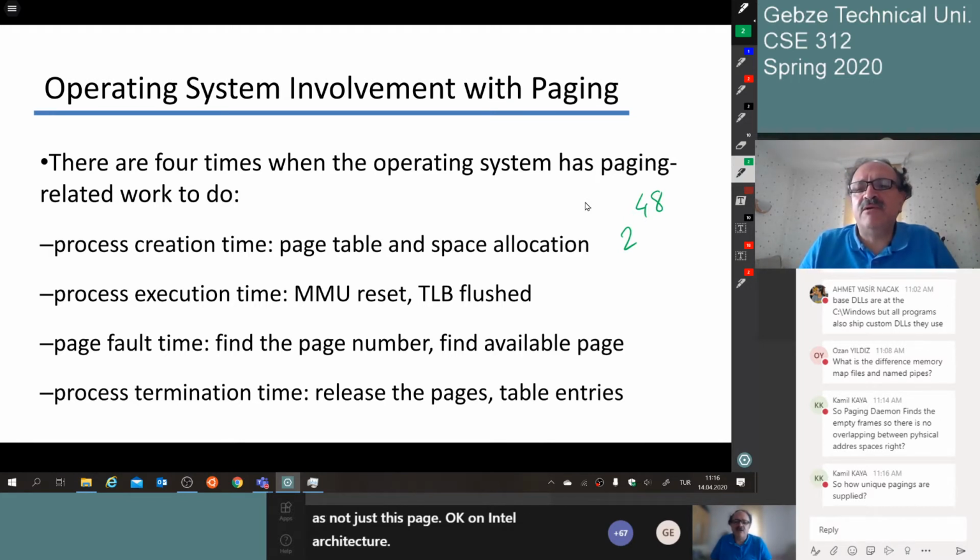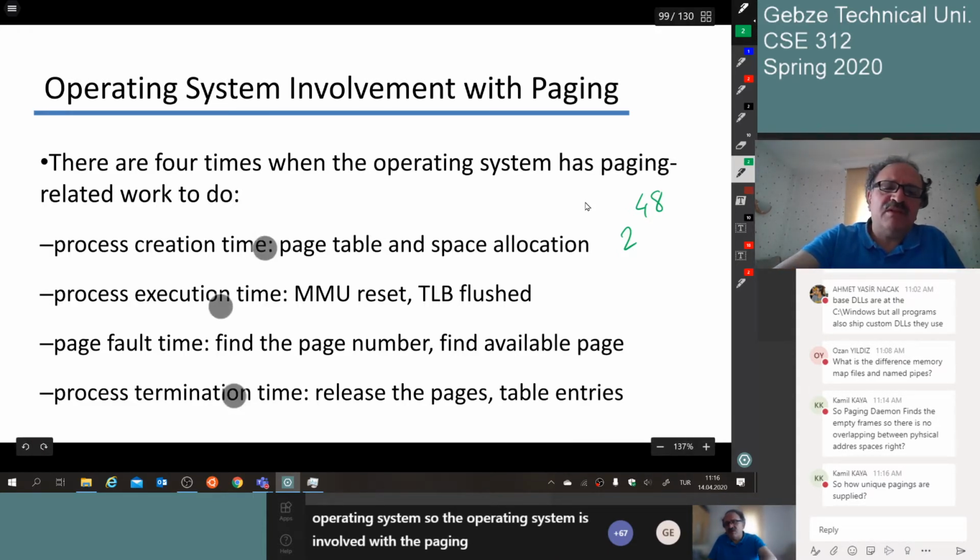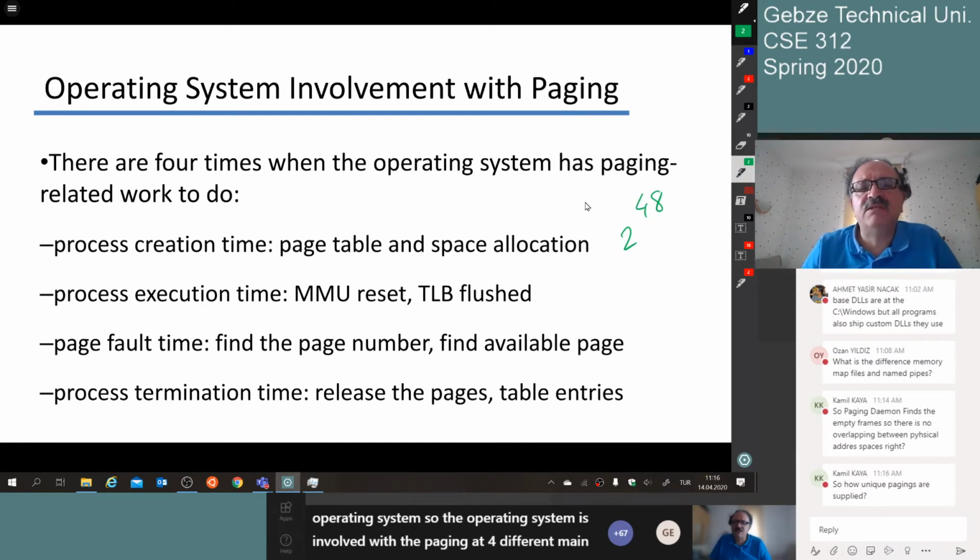Whether the memory is enough or not enough, I don't care. The rest is handled by the operating system. So the operating system is involved with paging at 4 different main positions.